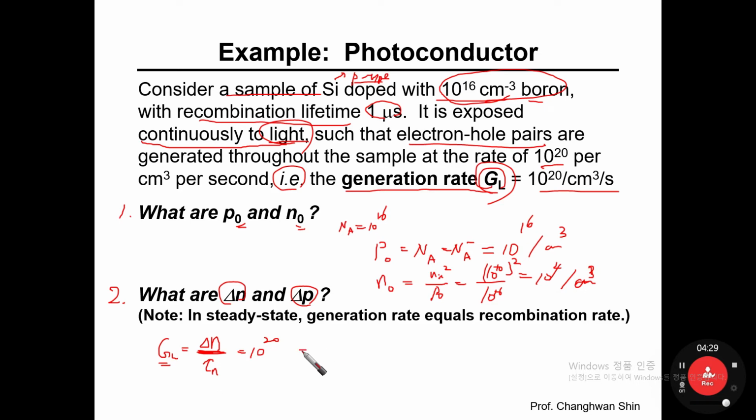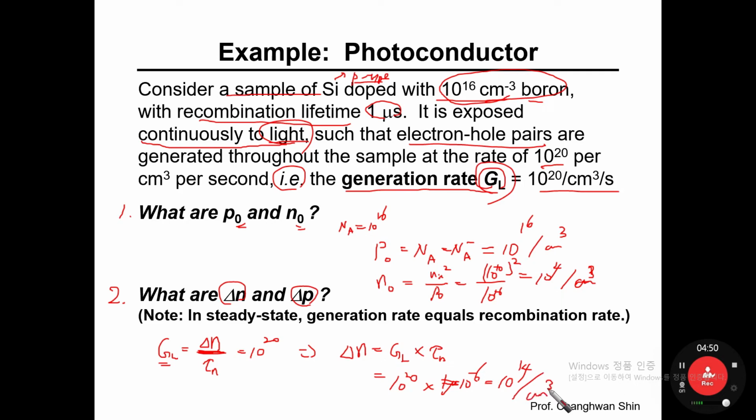From this concept, delta n can be simply obtained as G_L times tau_n. G_L is 10^20 and the lifetime is 1 microsecond, and 1 micro means 10^-6. So delta n is 10^14 per cubic centimeter.